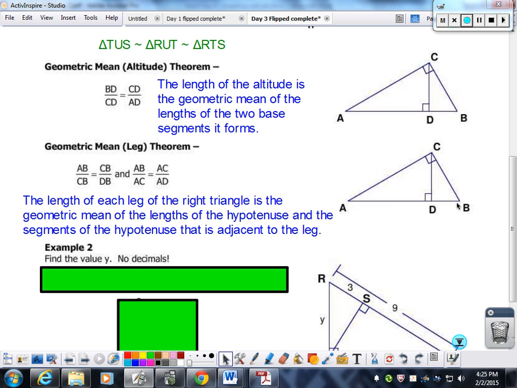See, adjacent, right next to, good. Or AC is the geometric mean of AB and AD, which again are adjacent to it.